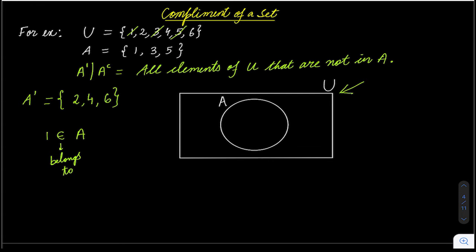So this basically means 1 is an element of A, or 1 is a member of set A. And sometimes we use this also, does not belong to. So 2 does not belong to A means 2 is not an element of A. This symbol means does not belong to.